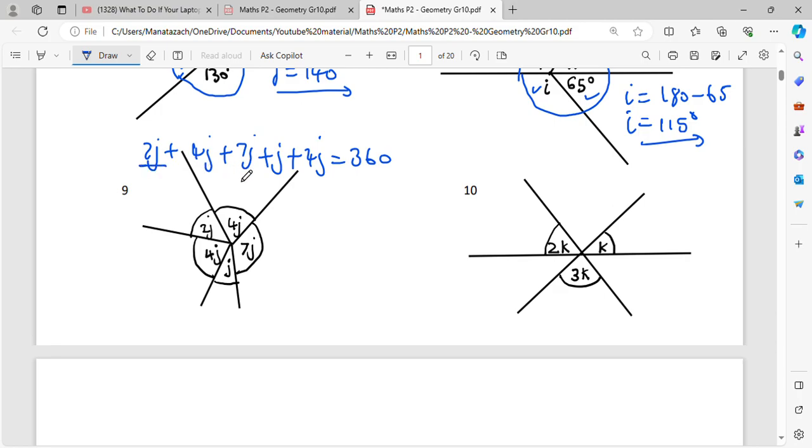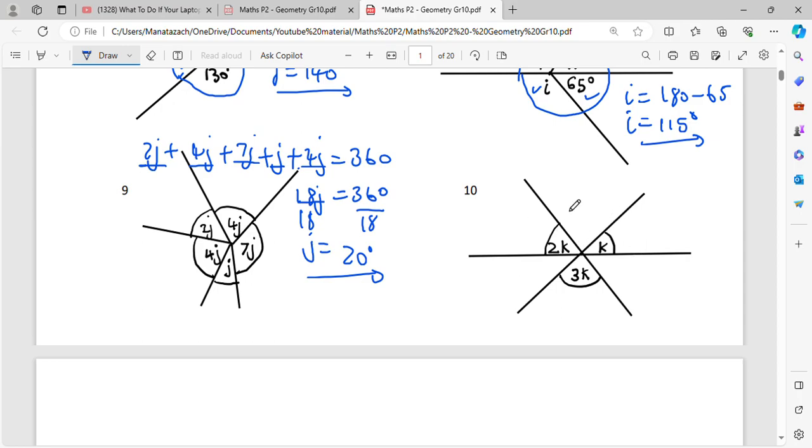So 2 plus 4 is 6J plus 7 is 13J, 14J, 18J. So divide by 18 both sides, and then you find that J, 360 divided by 18, J is 20 degrees. So remember, we're dividing by 18, not 180.